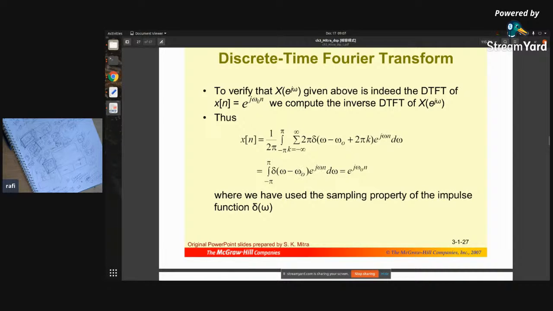So here, in the place of omega you will get omega naught. What is its value? This value is nothing but delta of omega minus omega naught into e power j omega naught n.